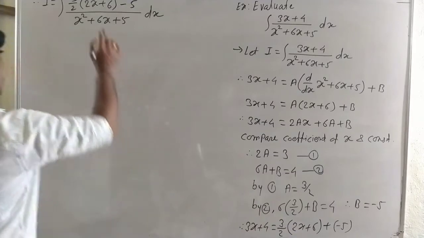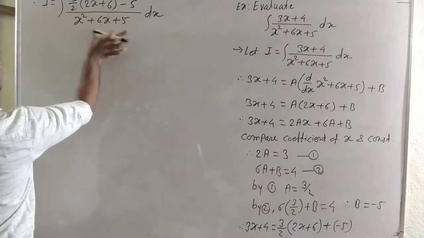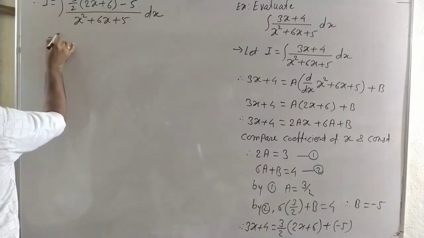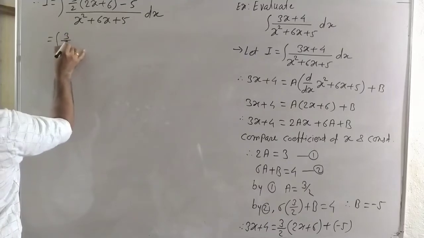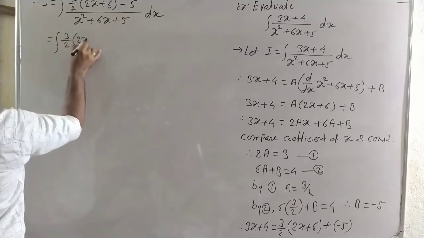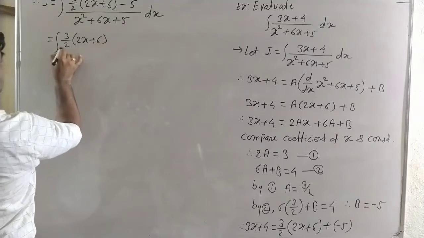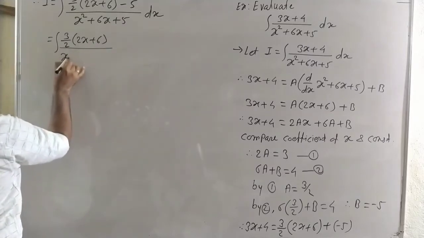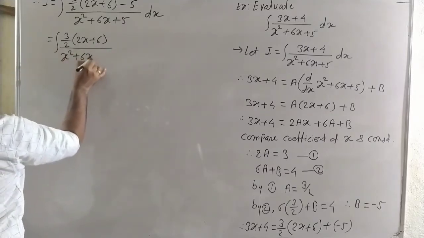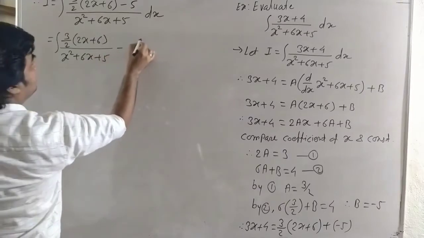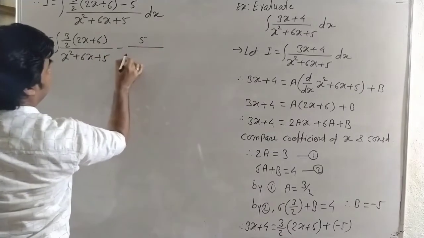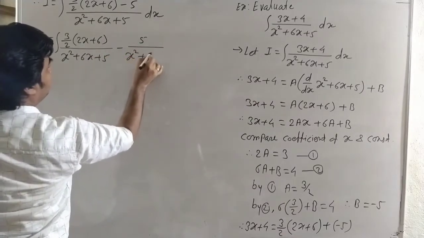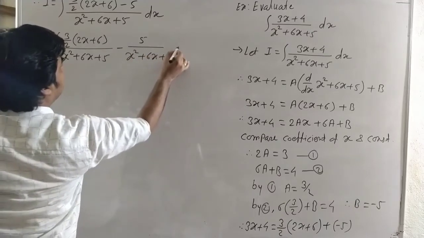Now here it is a minus, so separate the denominator. 3 by 2 into 2x plus 6 upon x square plus 6x plus 5 minus 5 upon x square plus 6x plus 5 dx.